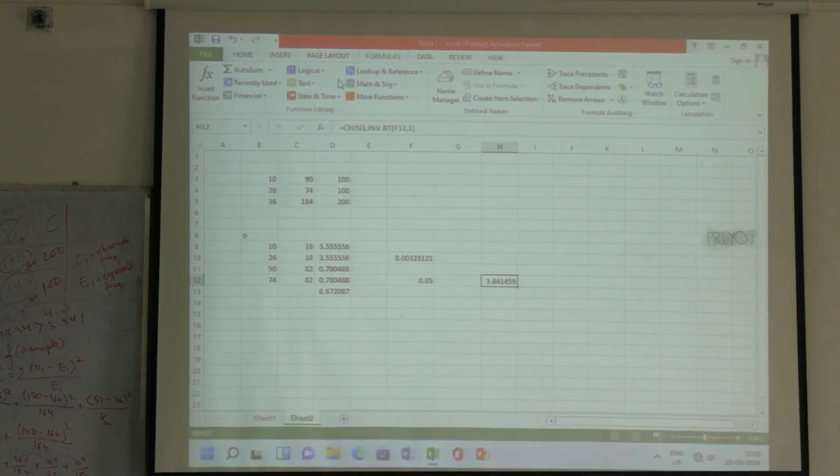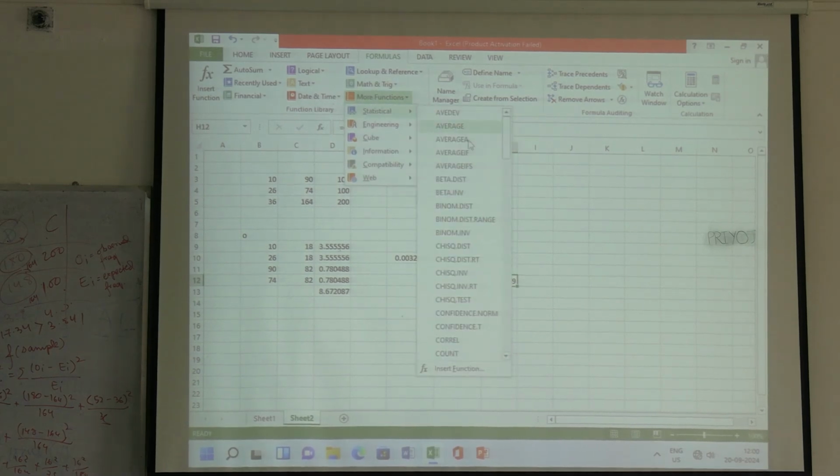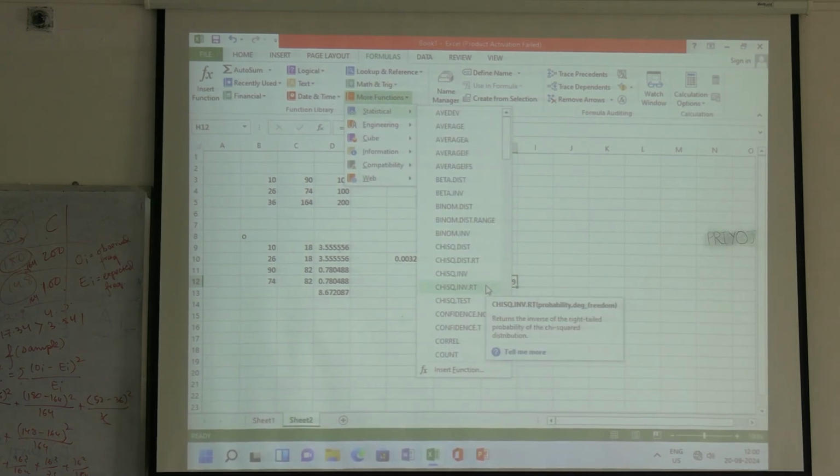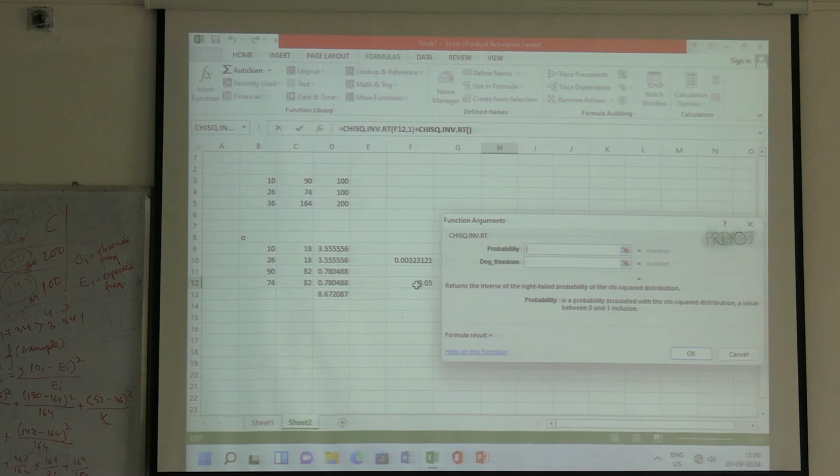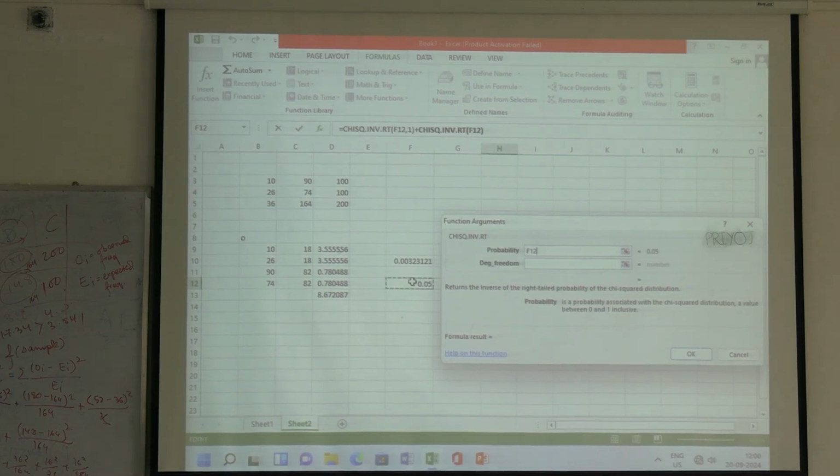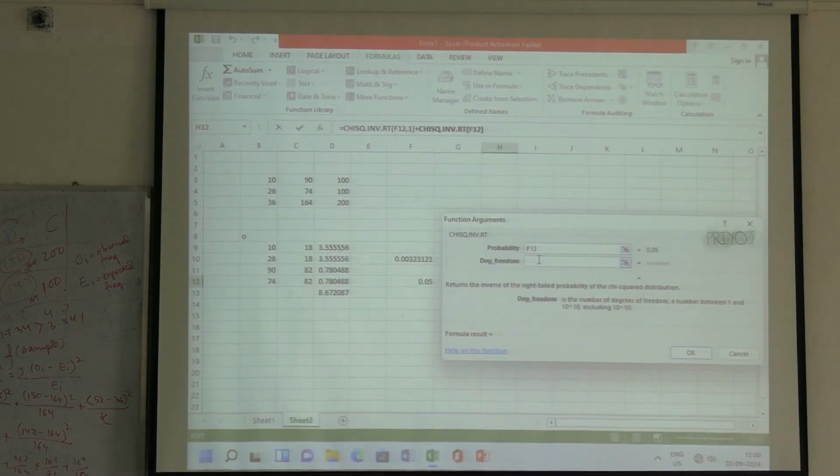Now what? We go to more functions, statistical, chi-square, inverse right tail, and do the same thing, just put this as the probability and degrees of freedom as 1, just the opposite way.